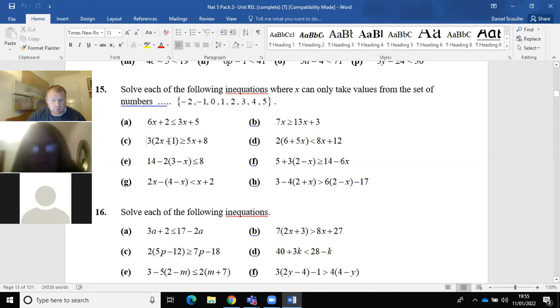They've introduced a couple of brackets there. Essentially we're dealing with those brackets the same way as we did when we were doing the equations last week. Remember, we want to take away everything outside that bracket, move it over to the one side, and then we deal with that expression inside that bracket.